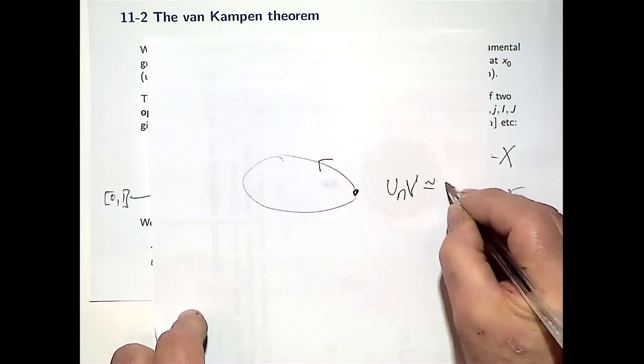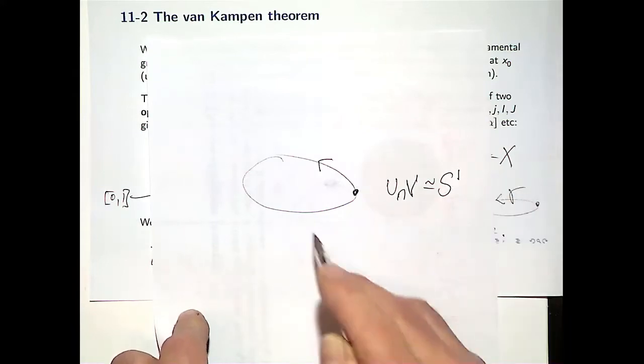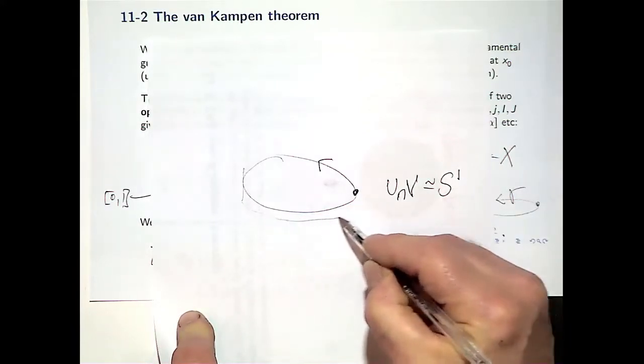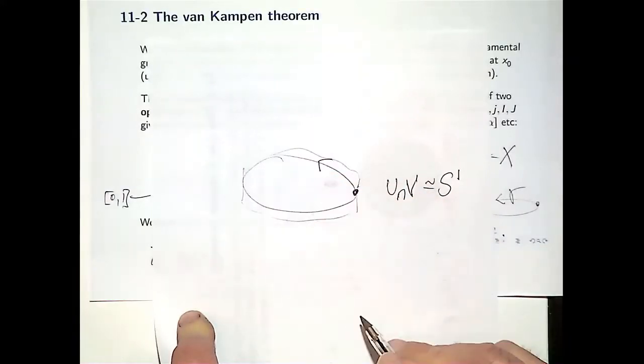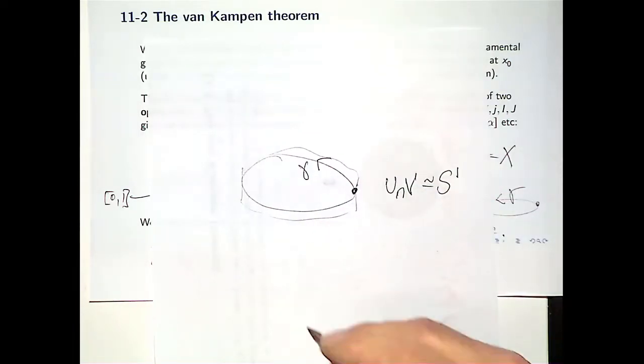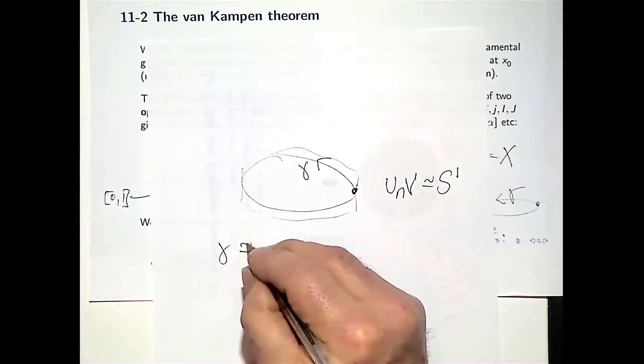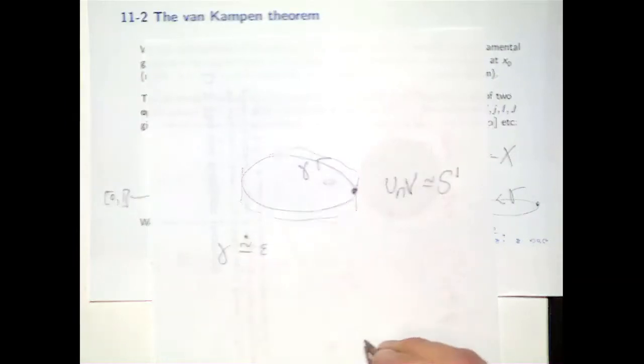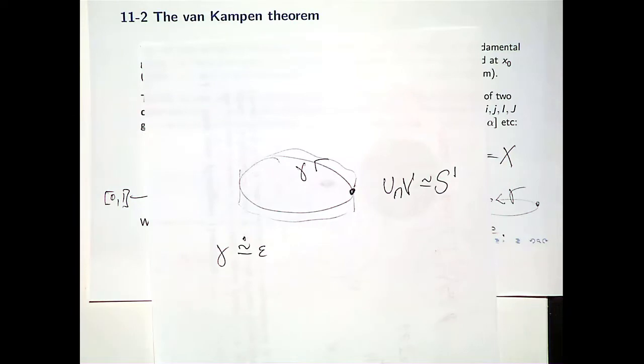It's what's called homotopic to the circle. I'll explain that in a moment. So you can treat it as the circle. So this loop gamma is not trivial. It's not homotopic to the constant loop. I can't shrink it, because remember we're talking about a surface. I can't shrink it inside the sphere.